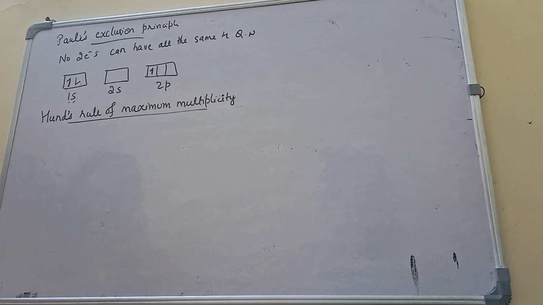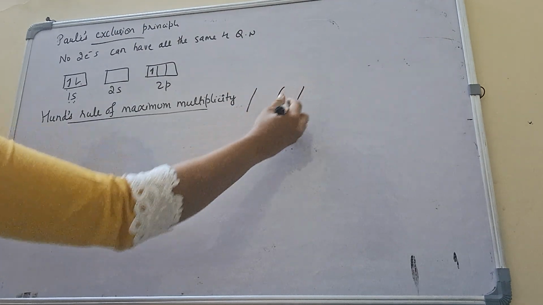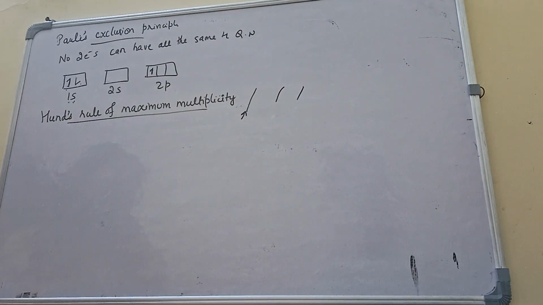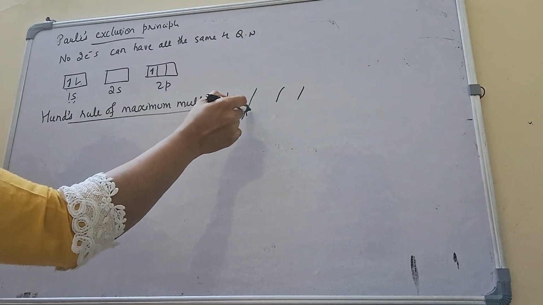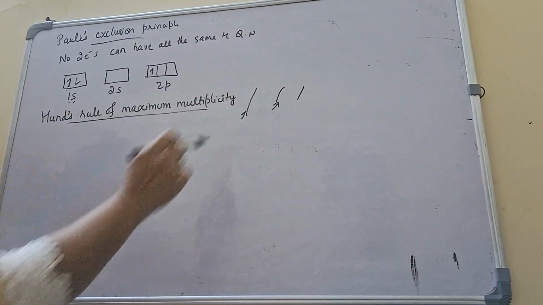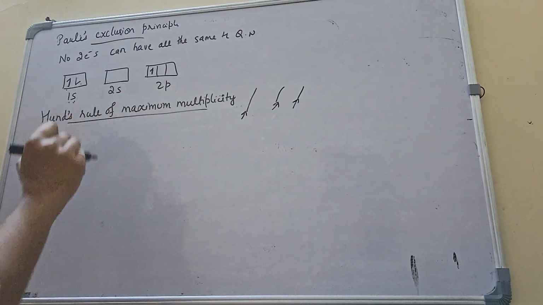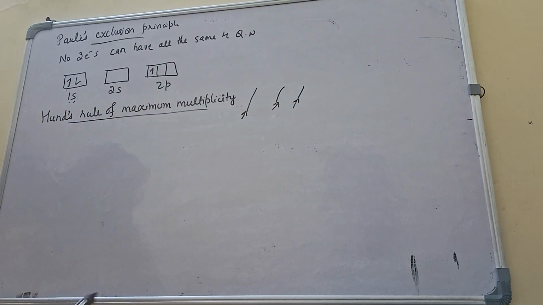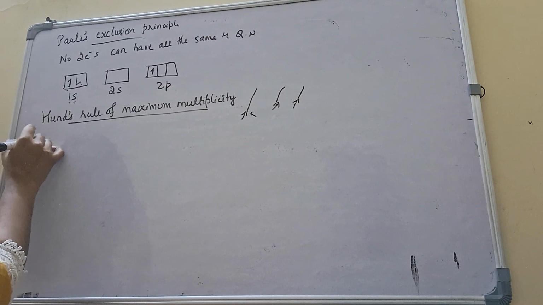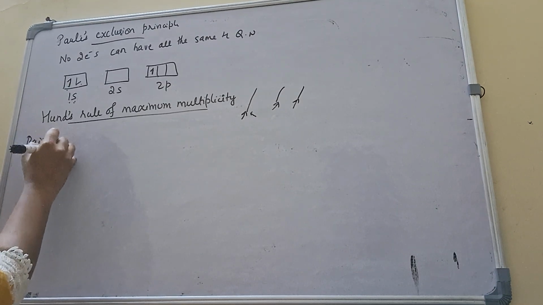The first child comes, he will occupy this swing. If another child comes, he will not like to sit here, he would like to first sit here. And then the third child comes, he can sit here. Now if there is a 4th child, he doesn't have any option. He has to pair with the first or the second or the third child. Correct? The Hund's rule of maximum multiplicity is something like that. It tells you that pairing won't happen.